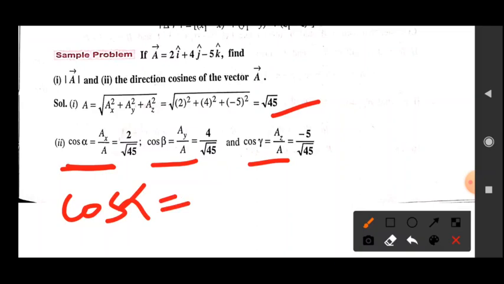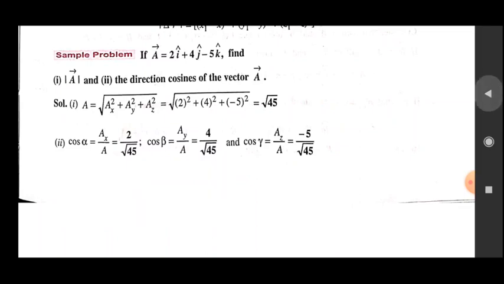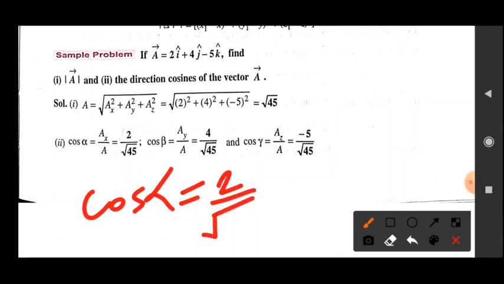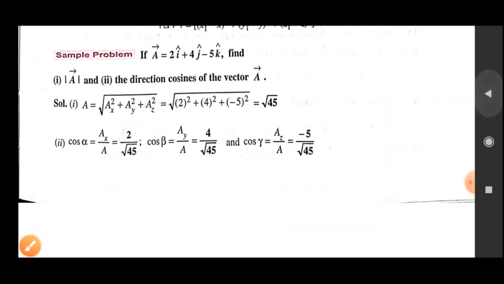Cos alpha is equal to ax upon a. We have just calculated ax, which is 2, and the magnitude of a is root 45. So this is our cos alpha. Similarly, cos beta and cos gamma can be calculated easily.